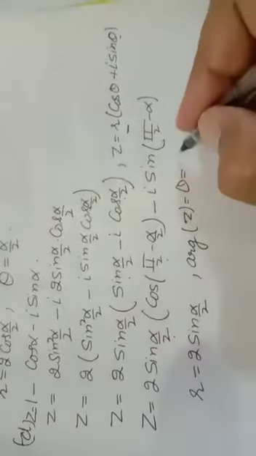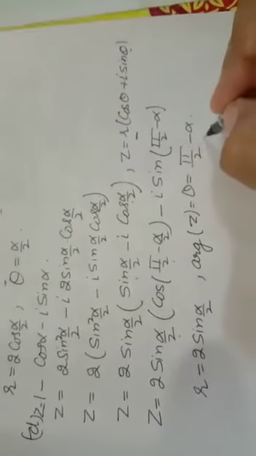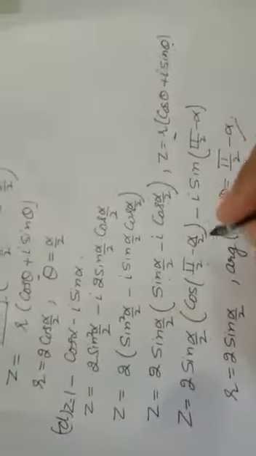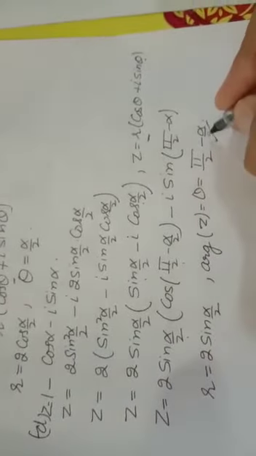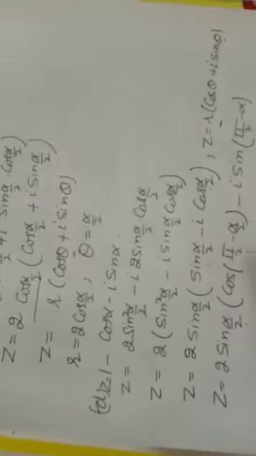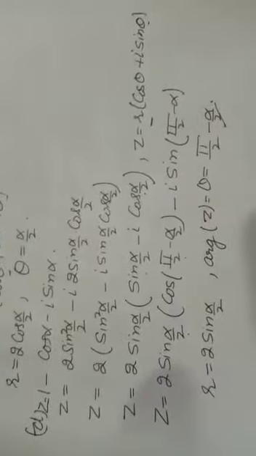Theta becomes equal to pi by 2 minus alpha by 2, because the angle is alpha by 2, so that's why it is pi by 2 minus alpha by 2 in this expression. So this is all about this question.